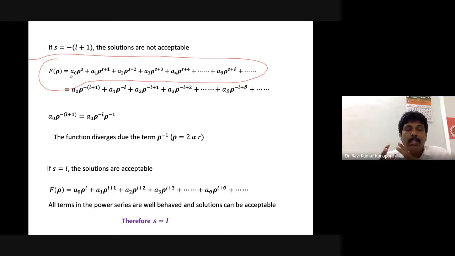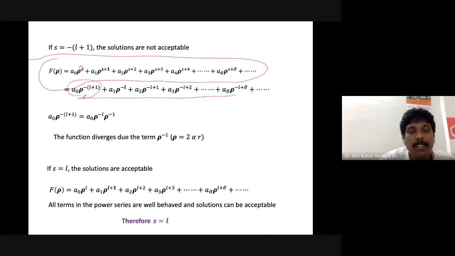Suppose s is minus of L plus 1, then you can substitute what is s value. Wherever s is there, you substitute minus of L plus 1. When I do that, let us take the first term.